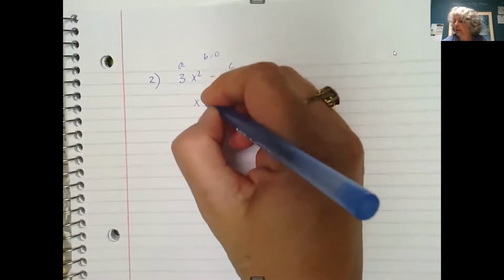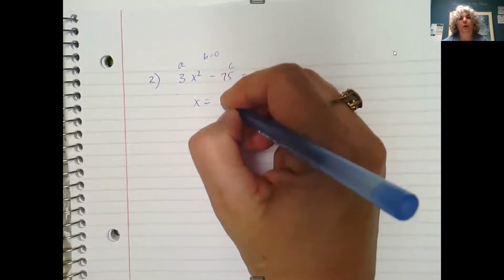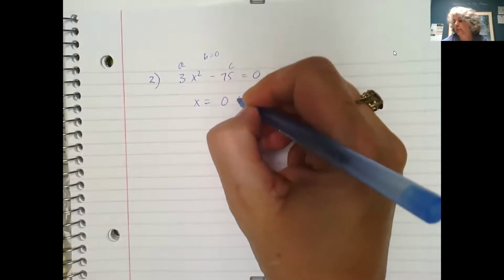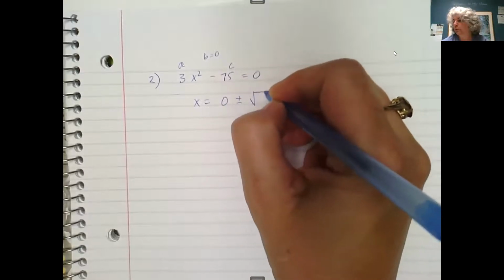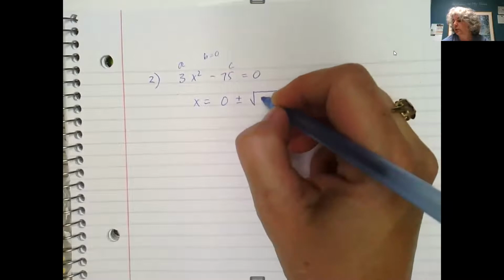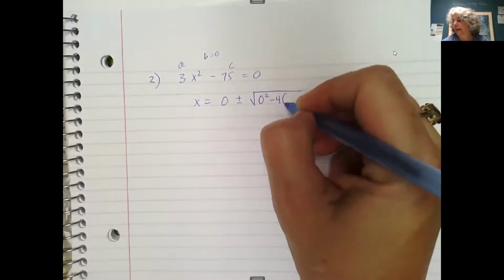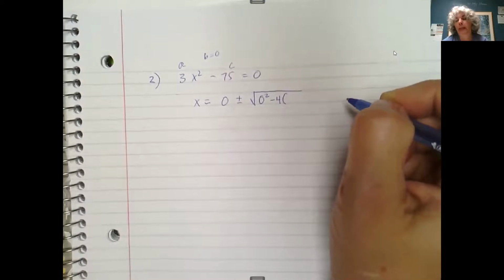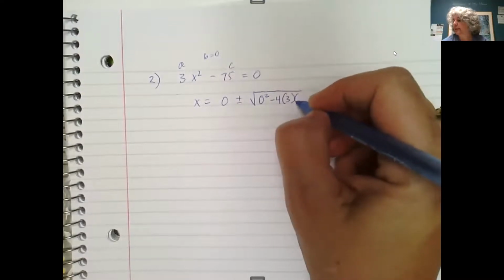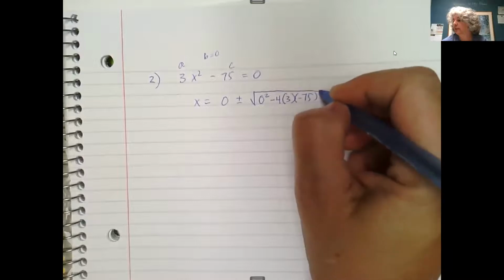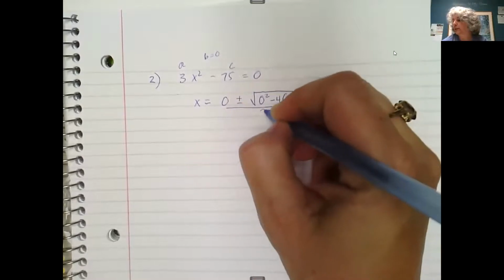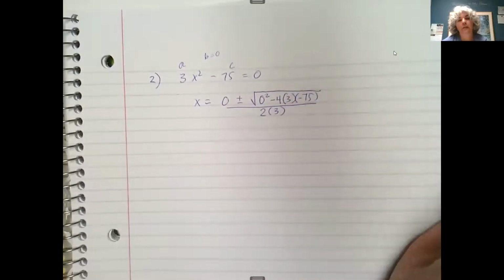So I have x equals the opposite of b, well the opposite of b is still 0, plus or minus the square root of b squared, which is 0 squared, minus 4 times a, which is 3, times c, -75, divided by 2 times a. And that's the quadratic formula. Remember that you can pause this video if you need to catch up.